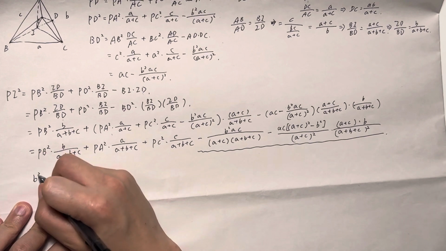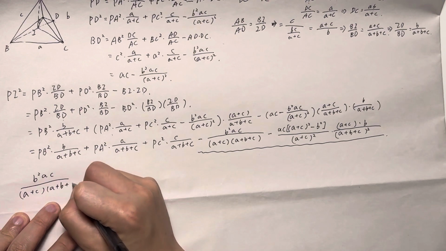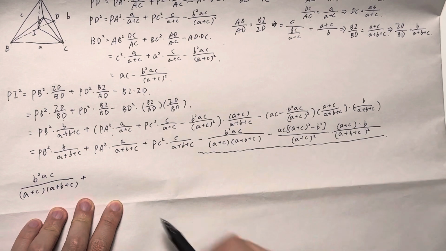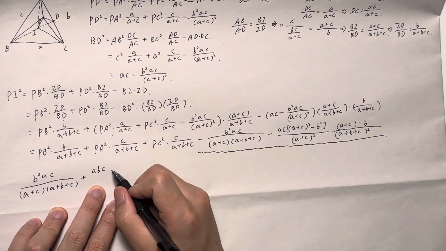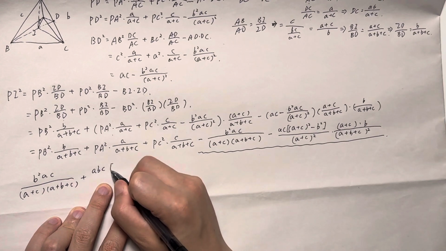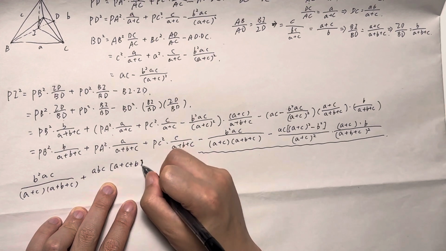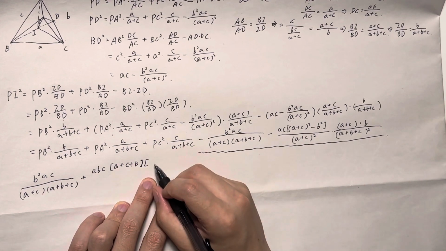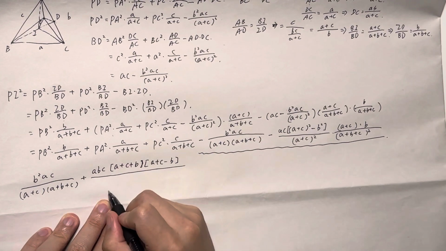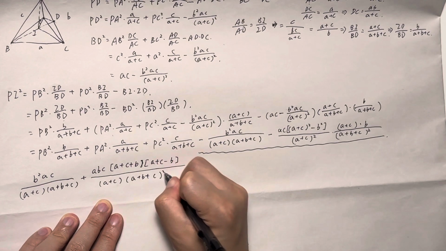It's B squared AC divided by A plus C, A plus B plus C, plus ABC, this cancels, times A plus C plus B, right, times A plus C minus B divided by A plus C times A plus B plus C squared.